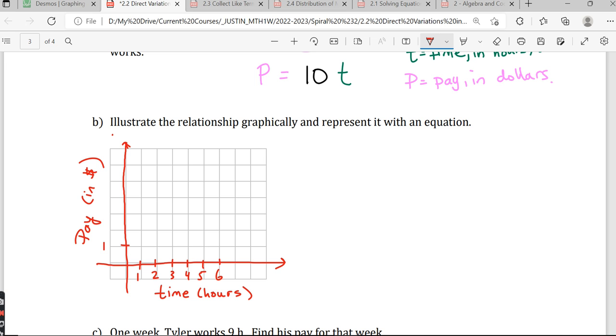So let's go 10, 20, 30, 40, 50, 60. Okay, so after 1 hour, we make $10. After 2 hours, we make $20. After 3 hours, we make 30. 4 hours, we make 40. 5 hours, we make 50. And we are done.